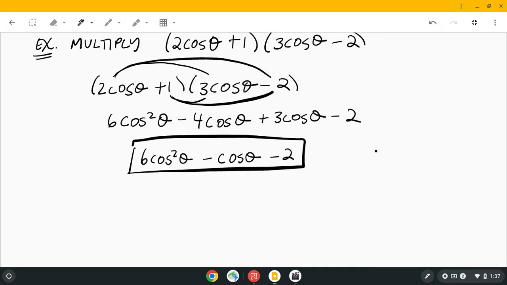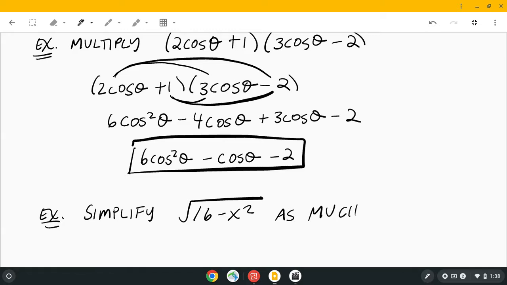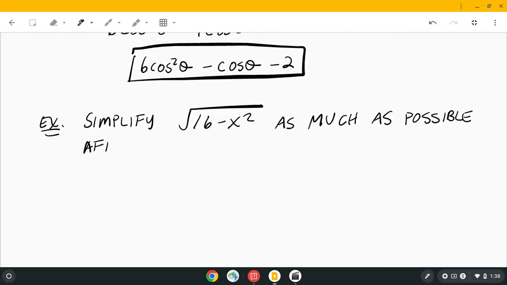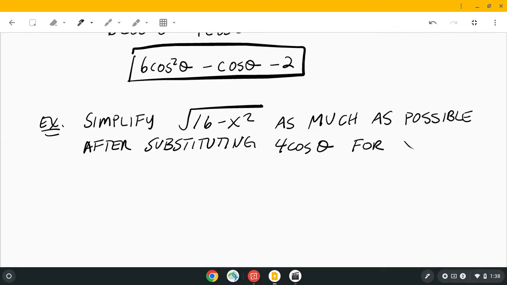Okay, and let's take a look at simplifying. Suppose that you have to simplify square root of 16 minus x squared as much as possible, after substituting 4 cosine theta for x.